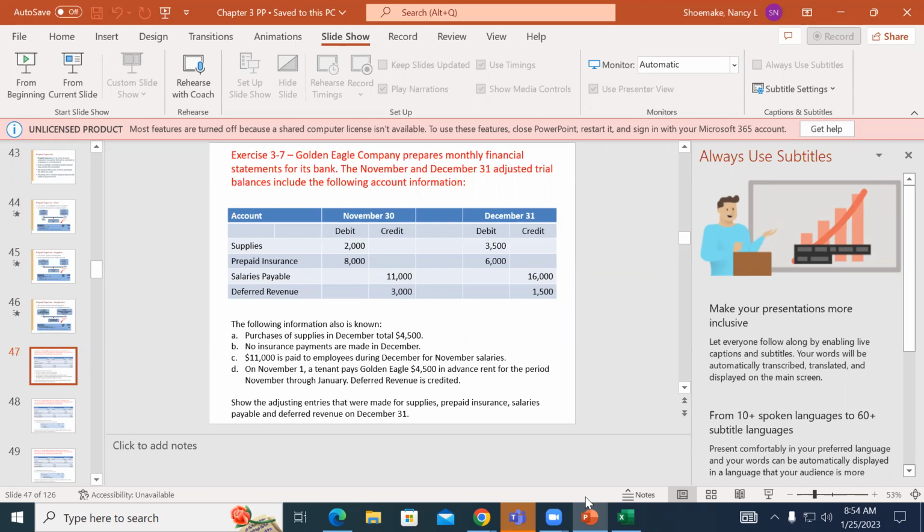So guys, how can it be we started the month with 2,000, we purchased 4,500 during the month. This is $6,500, right? But we ended with 3,500. What had to have happened? There had to have been an adjusting journal entry of a credit of $3,000 to this account to end up with a balance of 3,500, right?